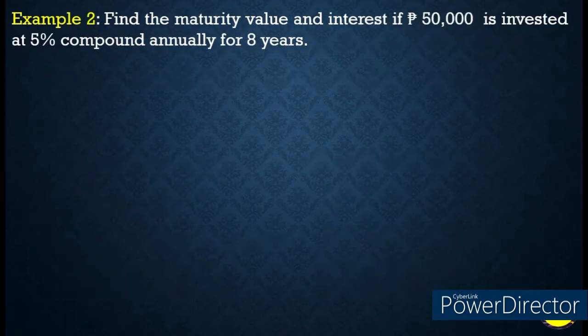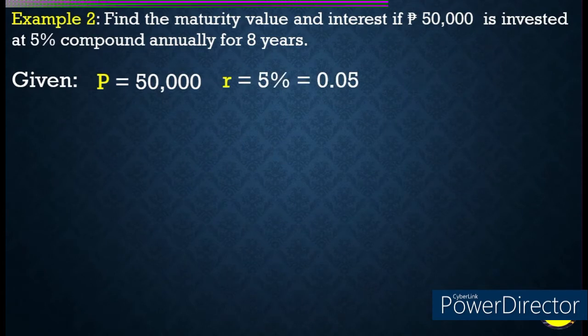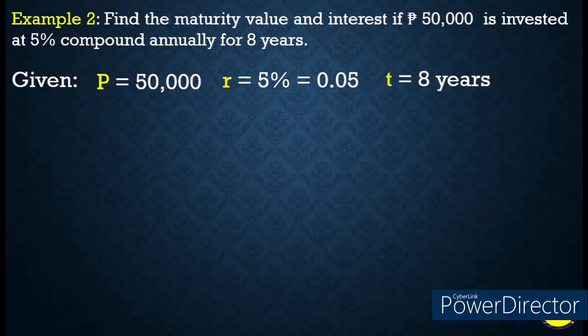Another, find the maturity value and the interest if 50,000 is invested at 5% compounded annually for 8 years. So again, kailangan malinaw sa inyo ang mga given values. So yung present value natin is 50,000, and then yung rate natin is 5%. So i-convert natin into decimal, that is 0.05, and then the term is 8 years or the time.